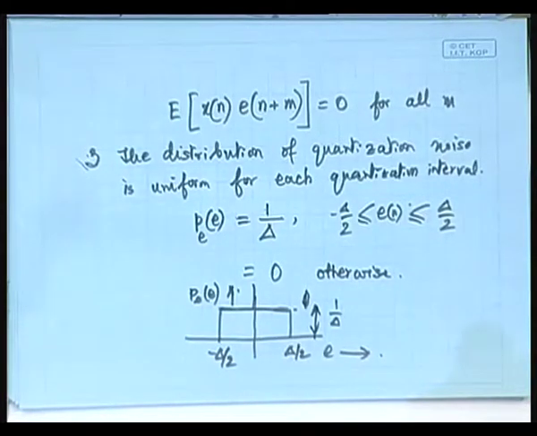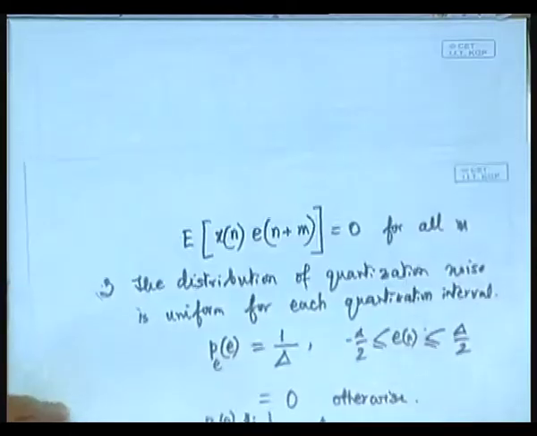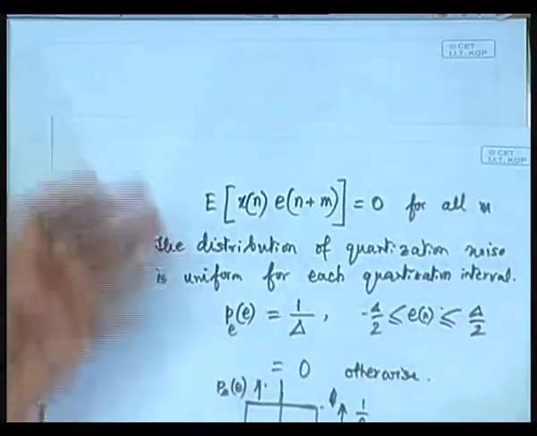The second assumption is that the quantization noise is uncorrelated with respect to the input signal, and the third assumption that we have made is that it is uniformly distributed. I mean, it may be something other than uniformly distributed also, but of course, there the expression would definitely change accordingly.